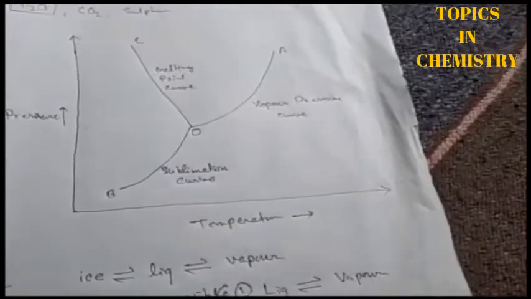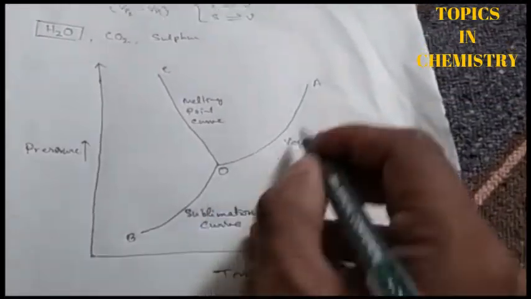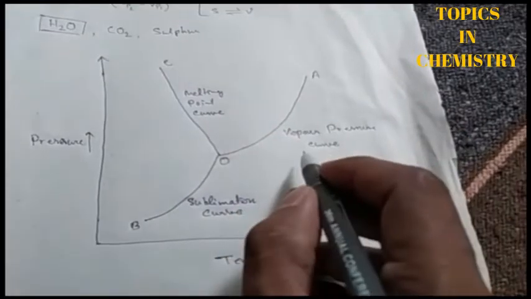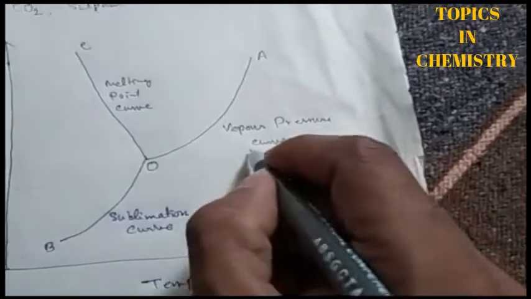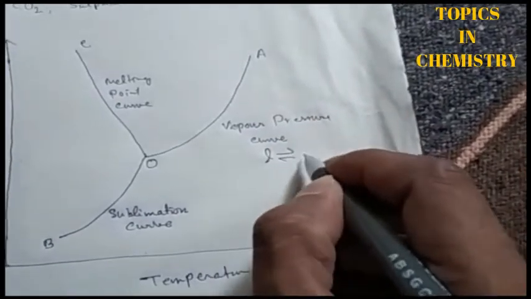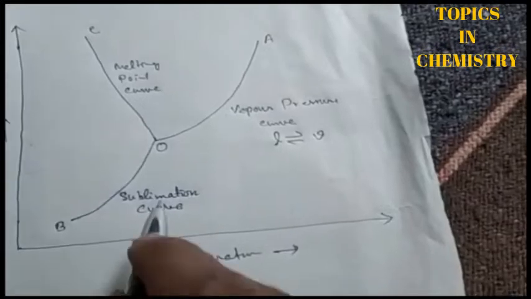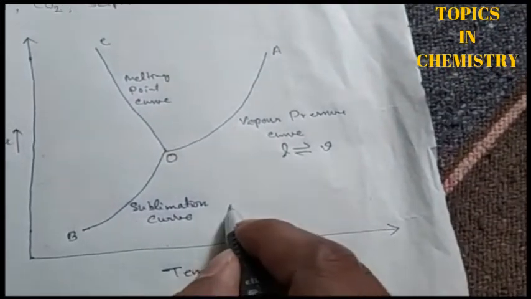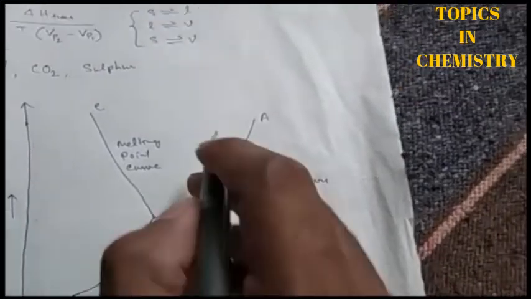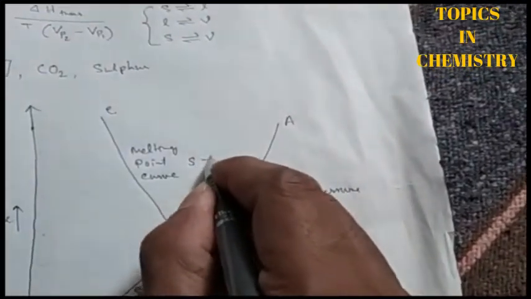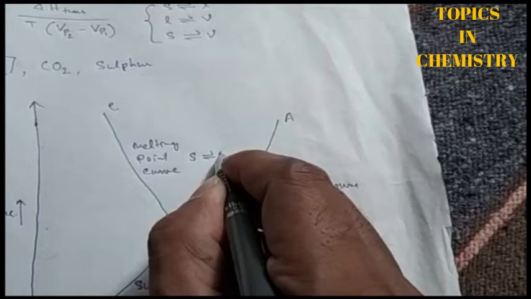Now you can see here this line, the first line, as I told you, the OA line represents the vapor pressure curve. So here you know that this is the first equilibrium, that is liquid is in equilibrium with vapor. Sublimation curve, here solid is in equilibrium with vapor. Melting point curve, here solid is in equilibrium with liquid.